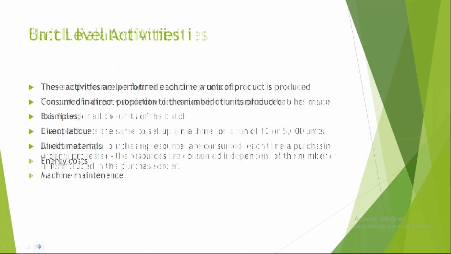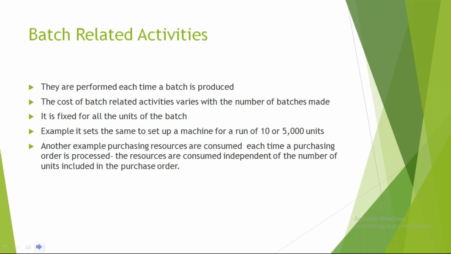Then we have the second one, what we call batch related activity. Here the activity happens not at a particular unit level, not when you produce a unit, but for a particular batch. Maybe the way that you enter data: you batch and enter data. It's what we call batch processing, and the activity happens for every batch.